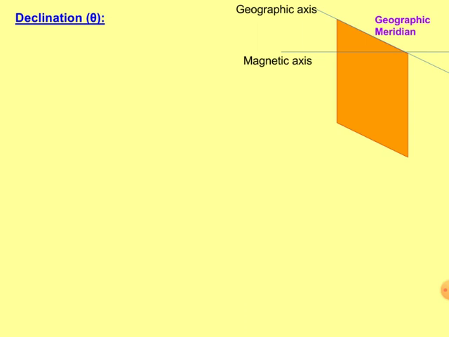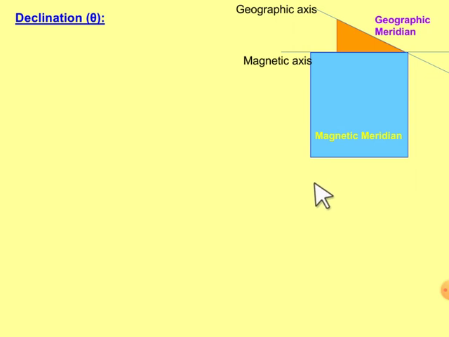And a plane passing through this, that plane must be what? Vertical plane. So a vertical plane passing through this magnetic axis, we call that plane the magnetic meridian.